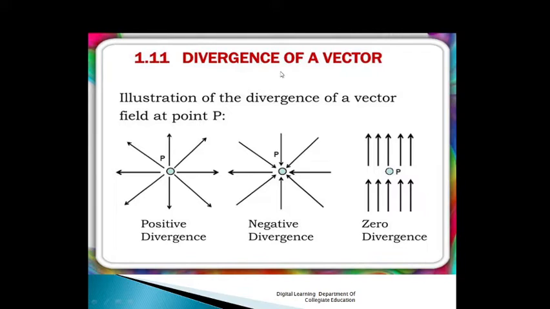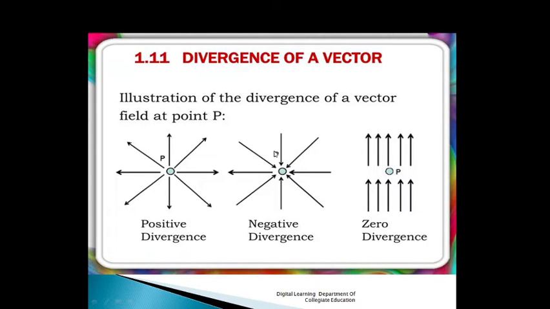Divergence of a vector field can be positive, negative, or zero. Therefore, divergence can be non-zero, or divergence can be zero. At a point P, if the vector field expands from a source, then the divergence of vector A will be positive.